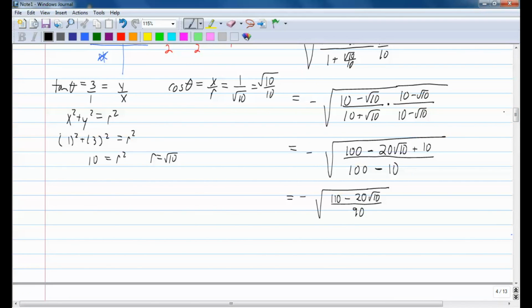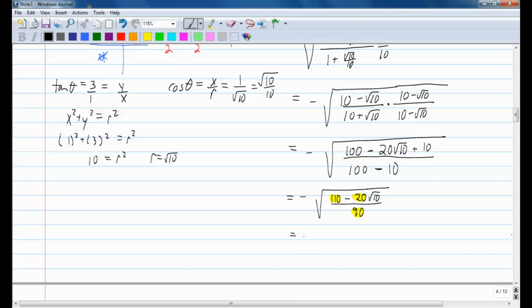From this point, do you see that you can simplify, you can take this, this, and this and divide by the same number. What can we divide in all of those? 10, right?